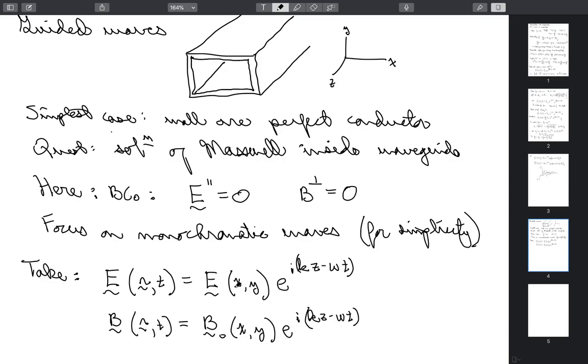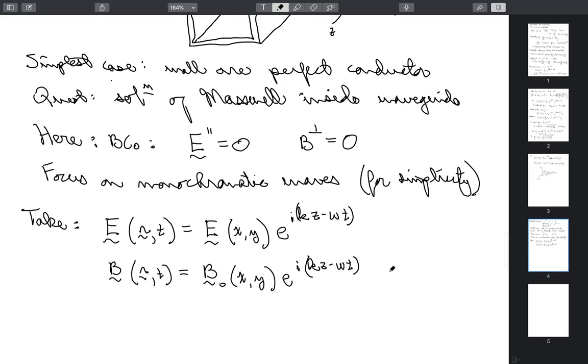So we'll specify what this vector is here. This is just something that depends exclusively on x and y. And in the z direction, the whole wave just has this very simple dependence. So as I move along the wave vector direction, I just get pure oscillations with wave vector k. But inside a slice at fixed z, the x and y dependence will be quite non-trivial. So how do we go about doing this?